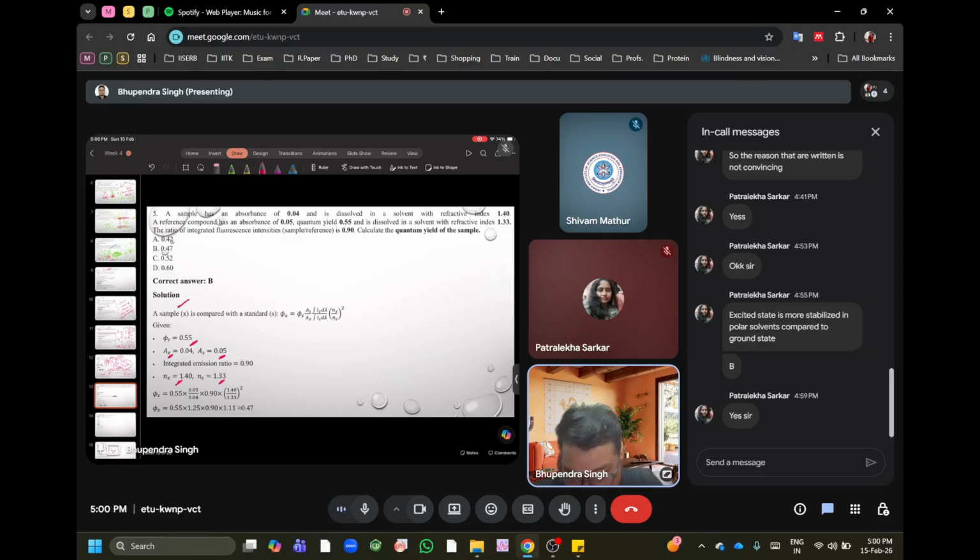X is sample and S is standard. The ratio of the integrated fluorescence intensities is given here, it is 0.9. Calculate the quantum yield of the sample.